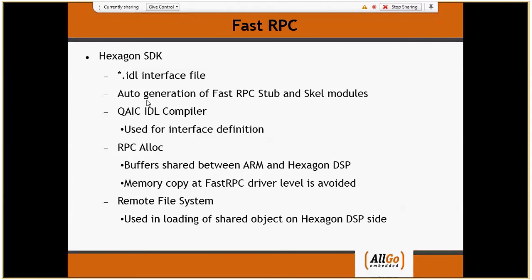We used rpcmem_alloc to get contiguous memory, and we pass these buffers between the ARM and the Hexagon DSP. We also used a remote file system which comes along with the Hexagon SDK build. It's used for loading shared objects on the Hexagon DSP.